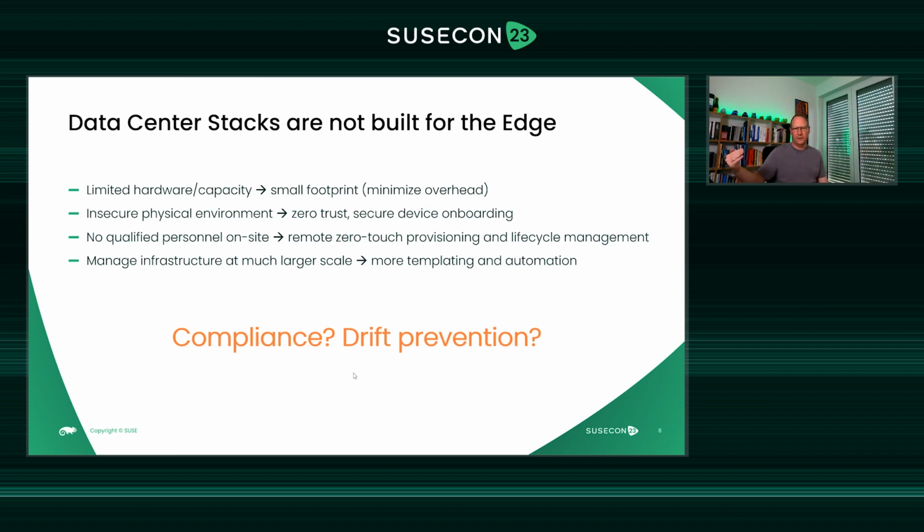And then the last thing I want to touch upon is if we're talking about edge scenarios, we're talking about thousands, 10,000s, and maybe in some cases hundreds of thousands of sites. So the scale of edge infrastructure, even though each edge site, of course, is typically relatively small, the scale of the entire infrastructure you may have to manage can be significantly larger than what a typical data center contains, even the big ones from Amazon and Google.